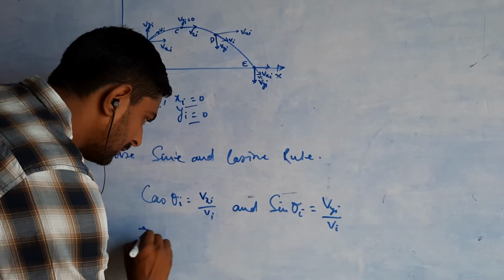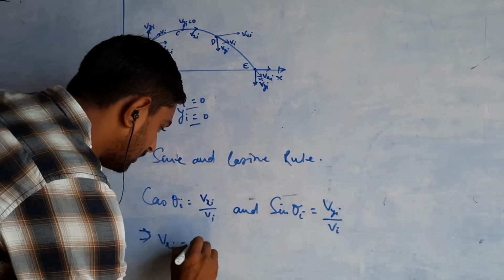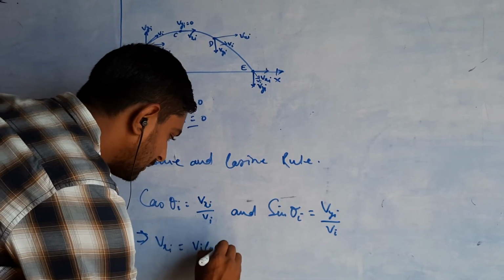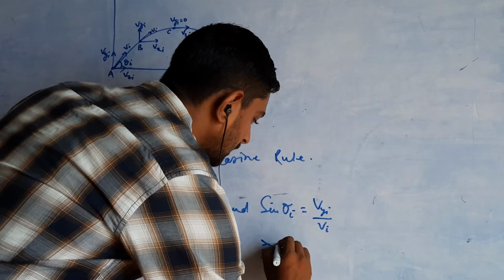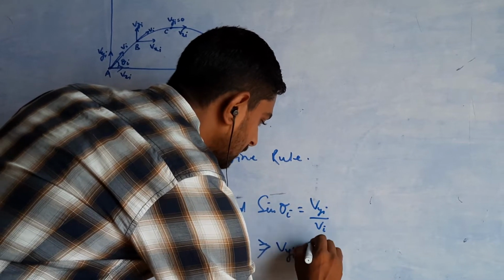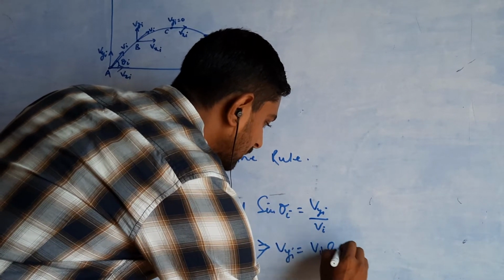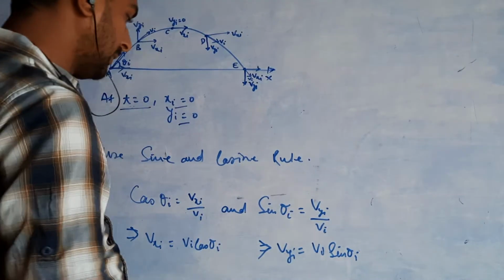So vxi is vi cos theta i, and vyi is vi sine theta i.